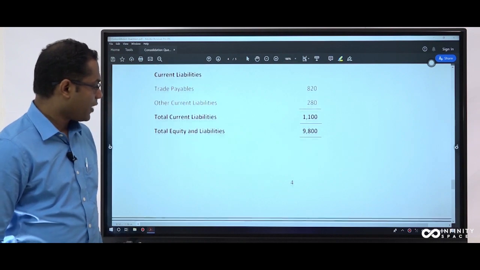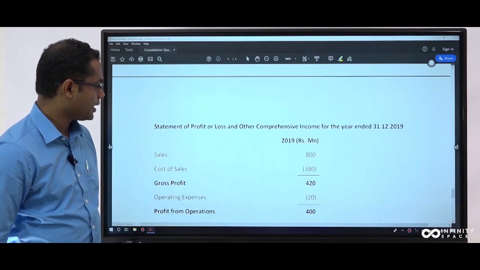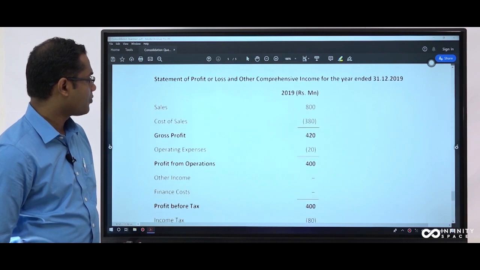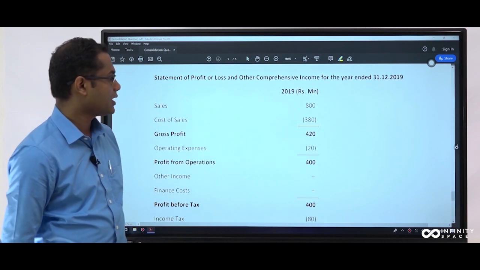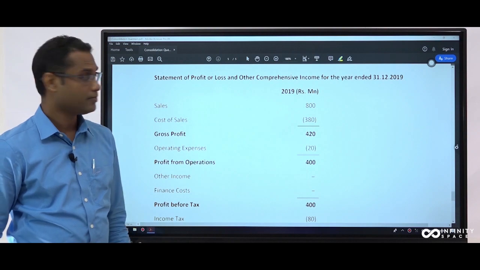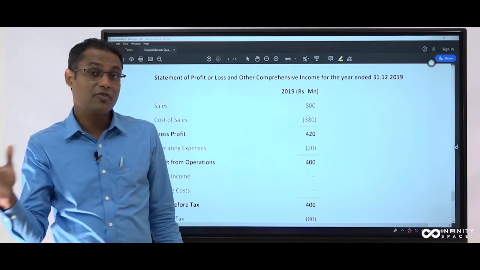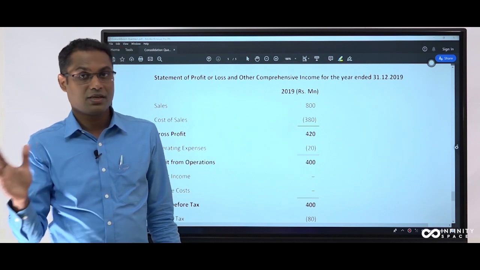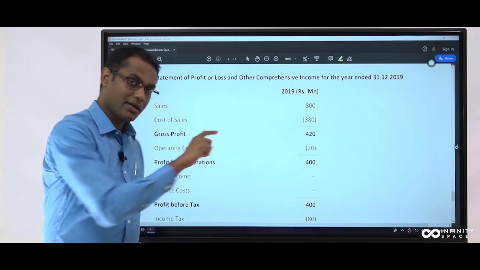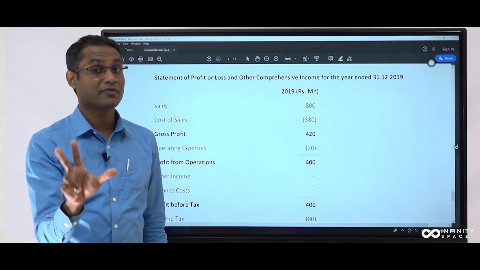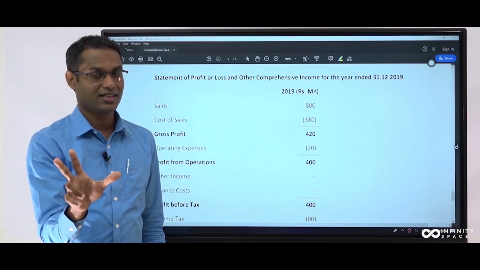Then finally, you have been given the information about the statement of profit or loss and the other comprehensive income of the Teak PLC. Here you need to be careful, because the income statement is prepared for a period of time. Now Teak PLC was an associate in the first 9 months. You have to equity account in the first 9 months.